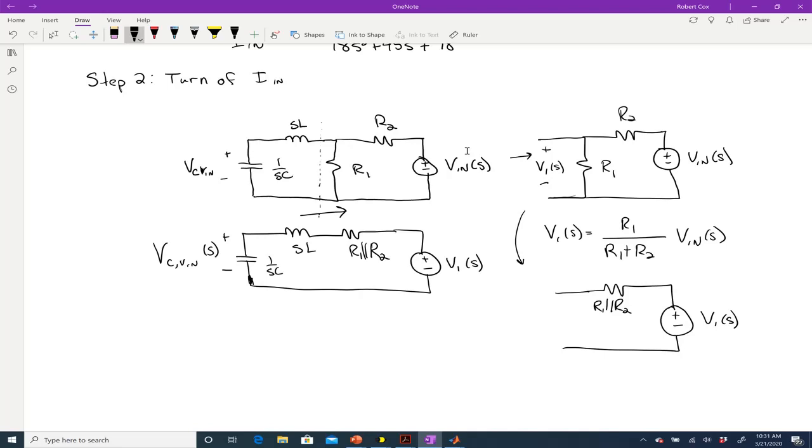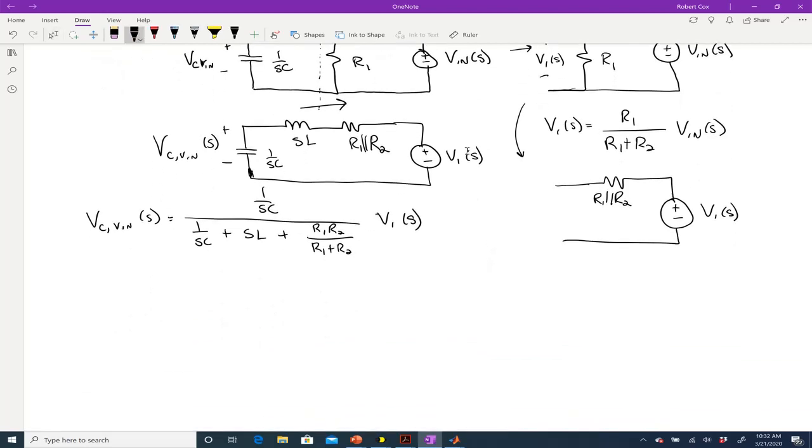So I've got a voltage divider now. V sub C Vin of S equals simply, on top, 1 over SC over the series combination 1 over SC plus SL plus R1 in parallel with R2, which I'm going to write as R1 R2 over R1 plus R2, times V1 of S. I'm going to write that just simply as V1 of S for now.